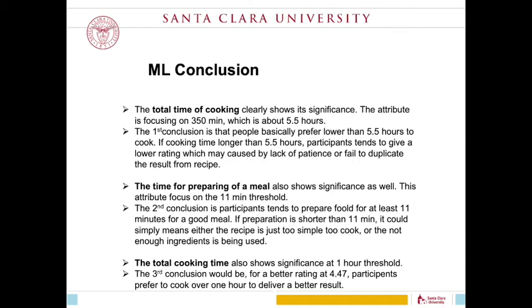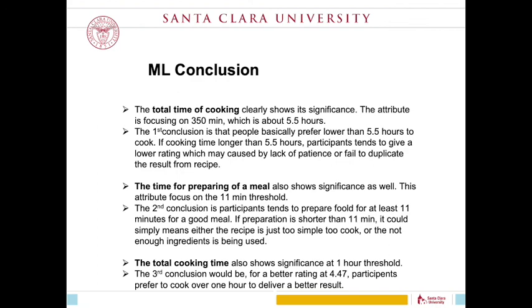And the second would be: try to prepare your meal for more than 11 minutes. You could simply find a recipe that's not too simple. That's how you can get something delicious, with more than 11 minutes in preparation.